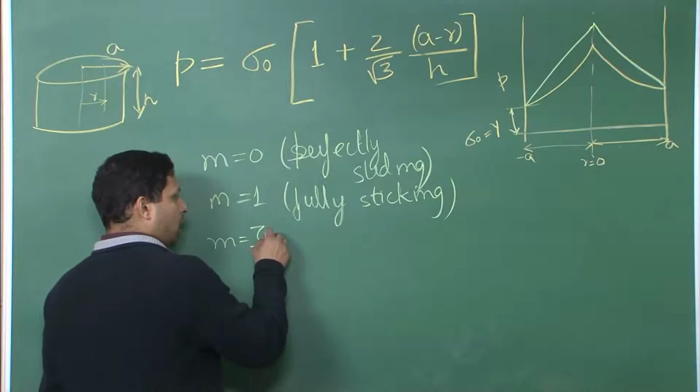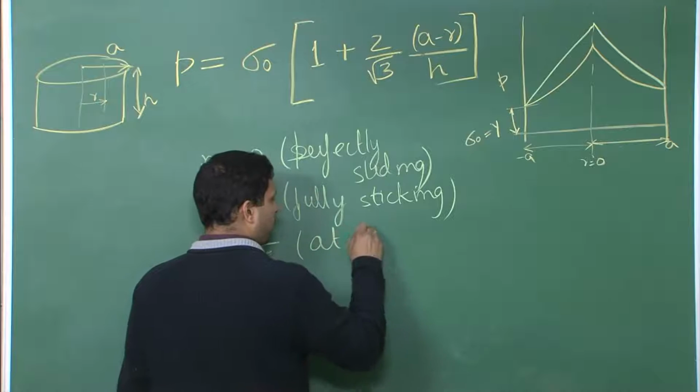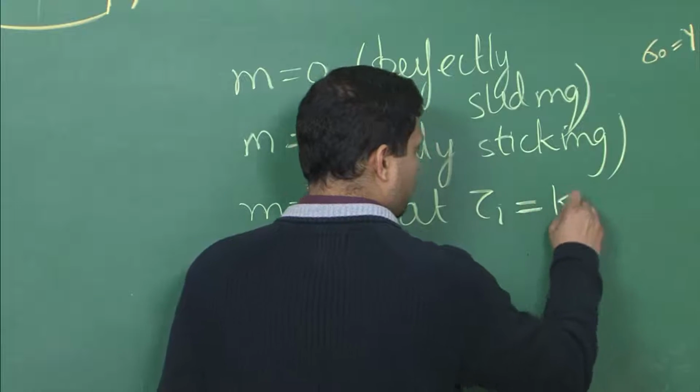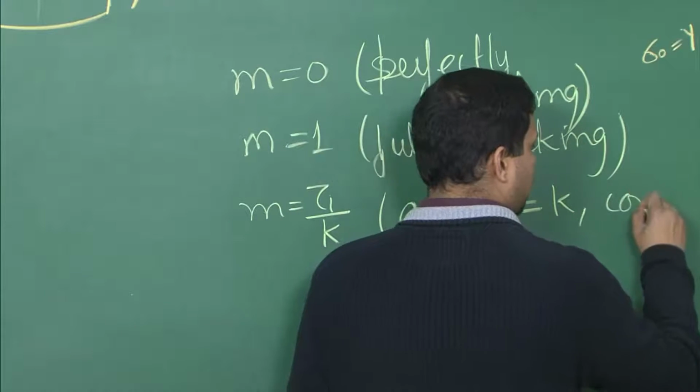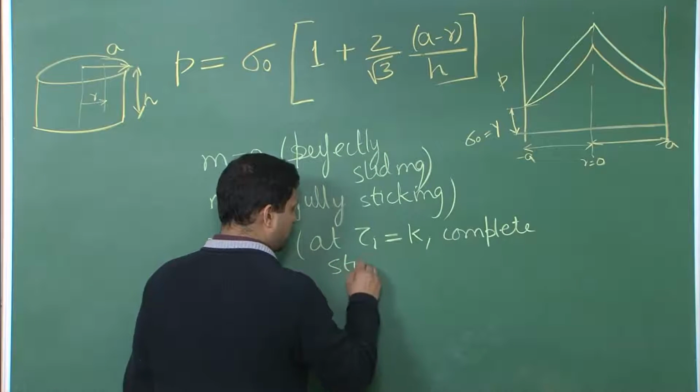If tau I reaches k, then it means complete sticking and deformation starts to take place.